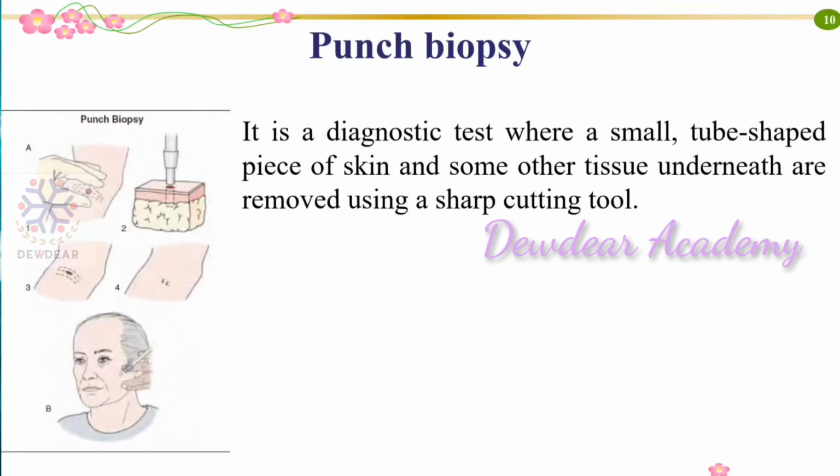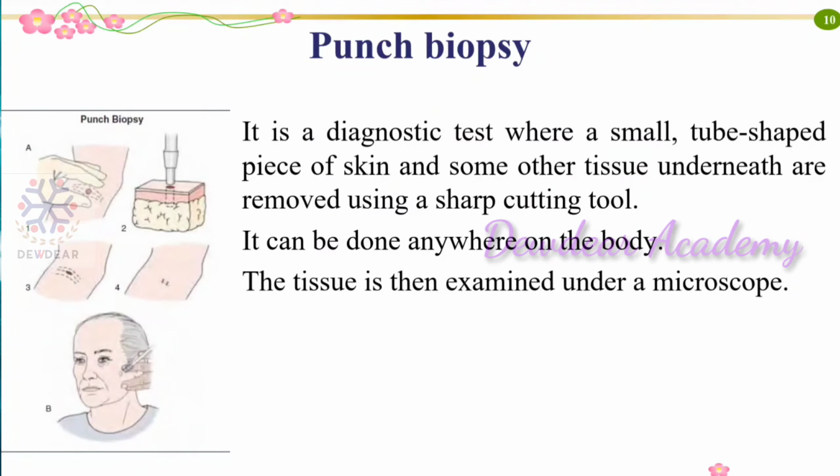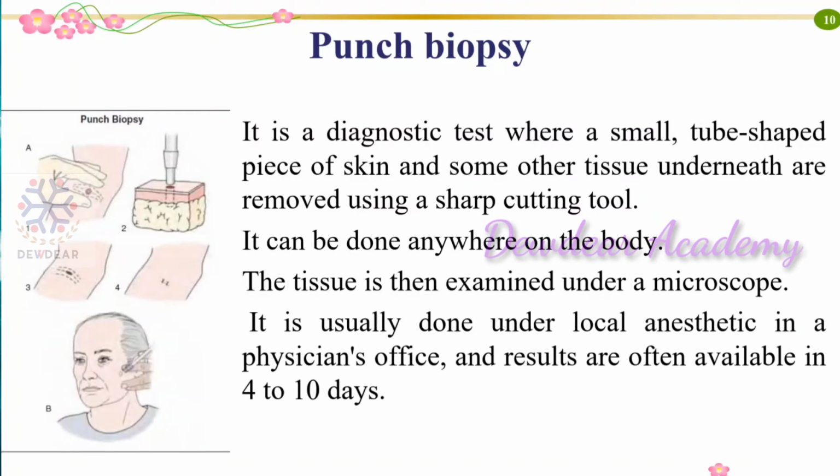It is a diagnostic test where a small tube-shaped piece of skin and some other tissue underneath are removed using a sharp cutting tool. And it can be done anywhere on the body. The tissue is then examined under the microscope, and it is usually done under local anesthetic in a physician's office, and the results are often available in 4 to 10 days.